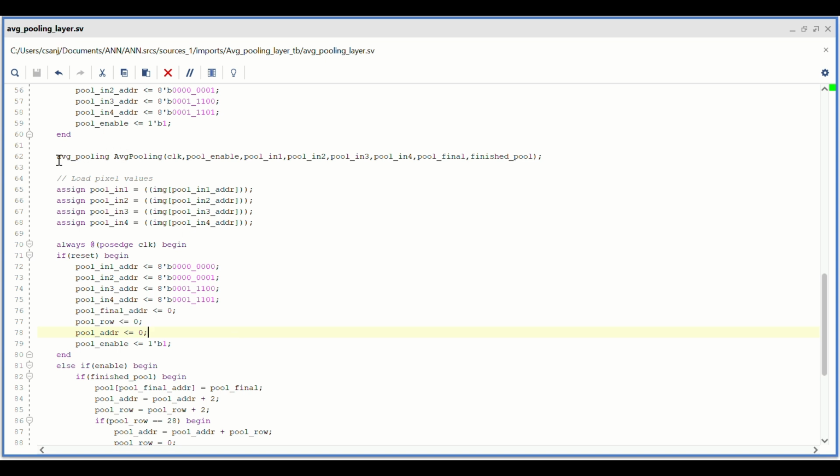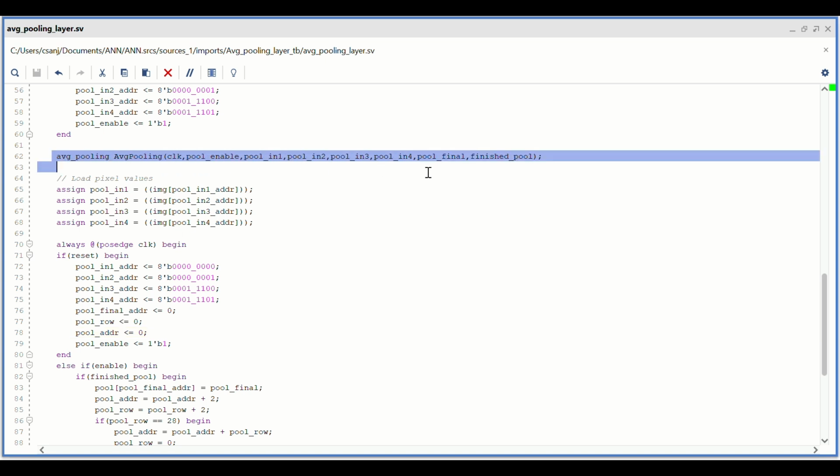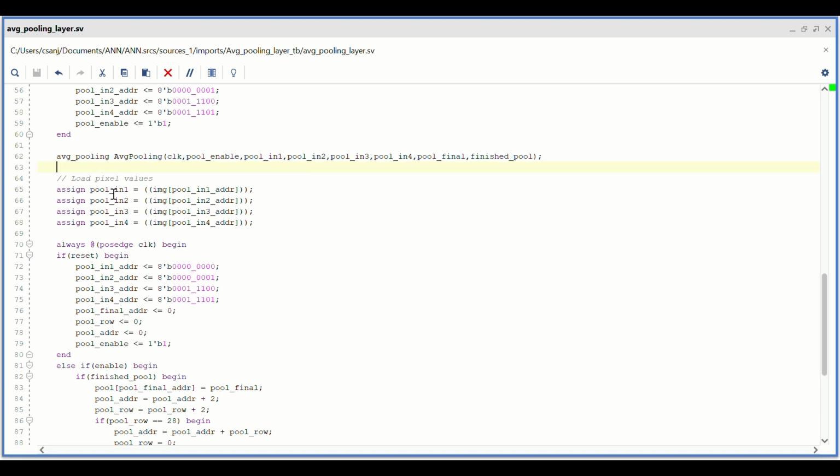Now let's look at all these 4 pixel addresses. Basically the 4 pixels pool in1, in2, in3, in4 are being sent to the pooling module. How do you achieve this? Pool in1 is basically the pixel value at the address pool in1 address. So 0 is the in1 address, 1 is the in2 address, 28 is the in3 address, and 29 is the in4 address.